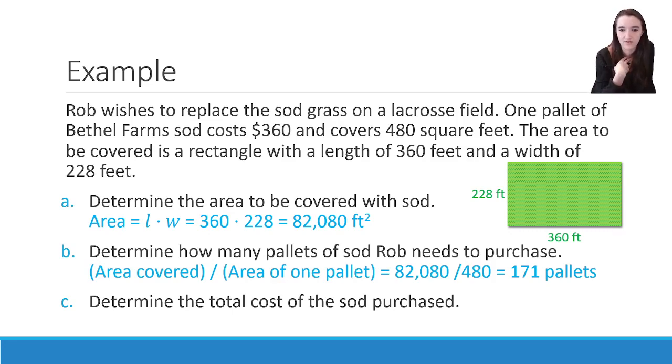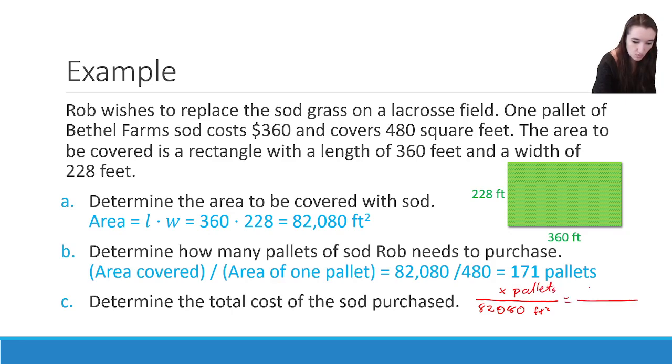But if we wanted to think about that proportionally, remember we can build a proportion of 82,080 square feet for X pallets is equal to 1 pallet for 480 square feet.